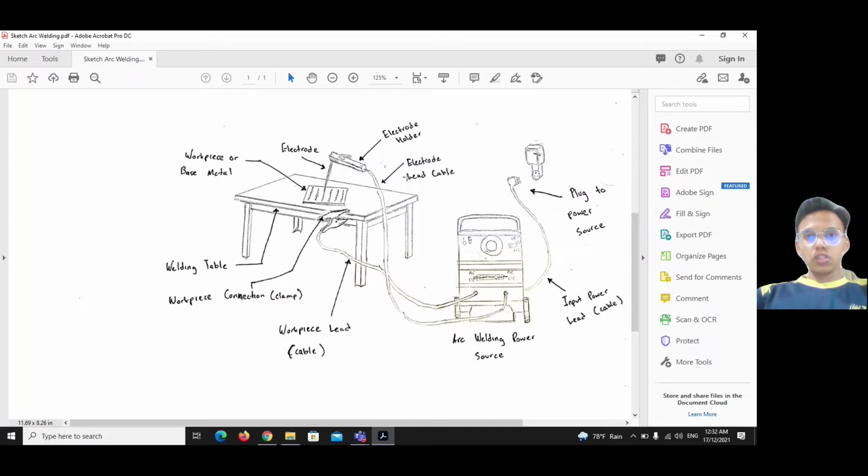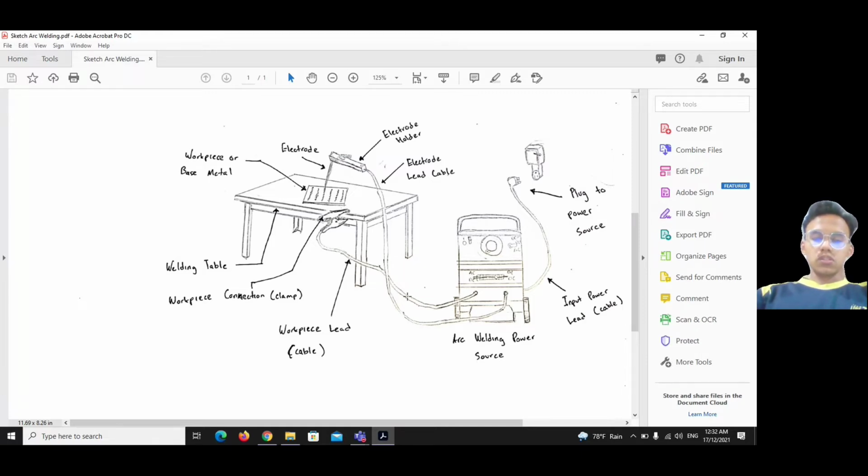Electrode holder, electrode lead cable. So this big one is the arc welding power source. If we put in the plug, it goes to the power source. So this cable is the input power lead.